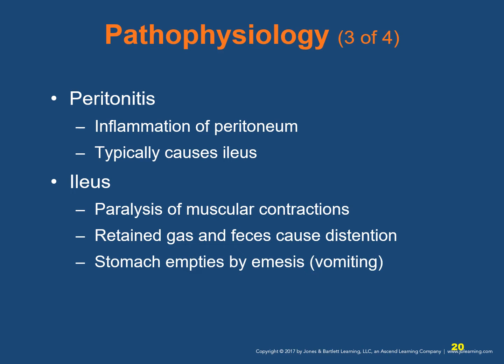This causes a problem of retention of gas and feces and distends the abdomen. When this is the case, the stomach cannot empty itself by the normal process of digestion, so it can only empty itself by vomiting, which is emesis.